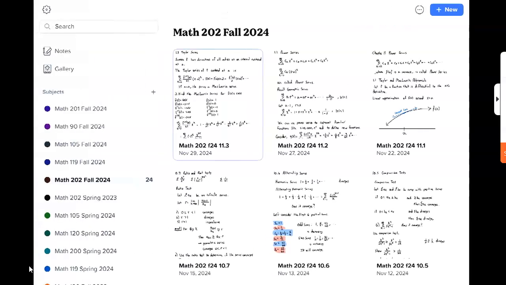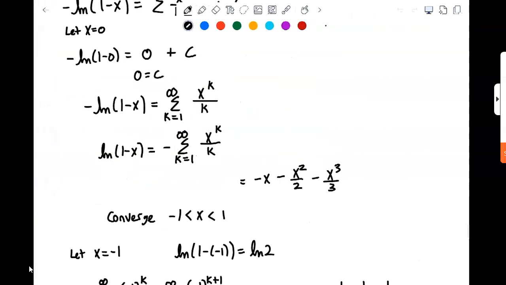Now, we previously saw a power series involving ln, except it wasn't ln of x, it was ln of 1 minus x. That's where we had this series here, minus the series x to the k over k. Minus x squared over 2, minus x to the third, and so on forever. And we, of course, based on some other results from earlier, knew when that converged.